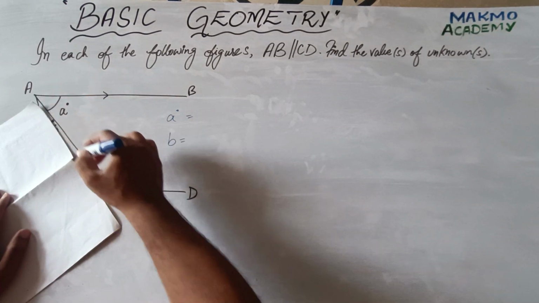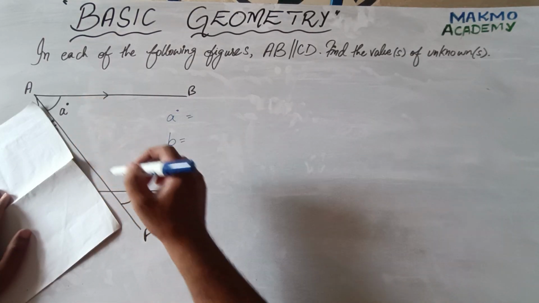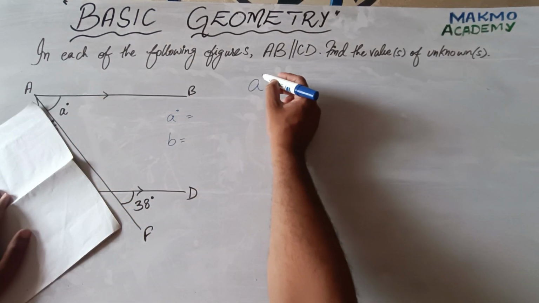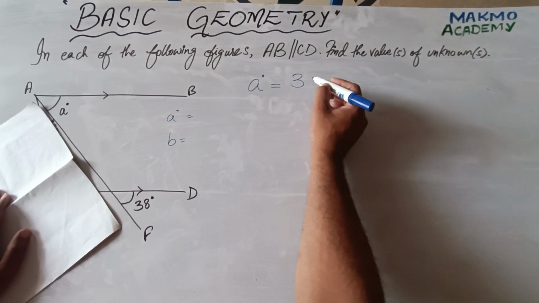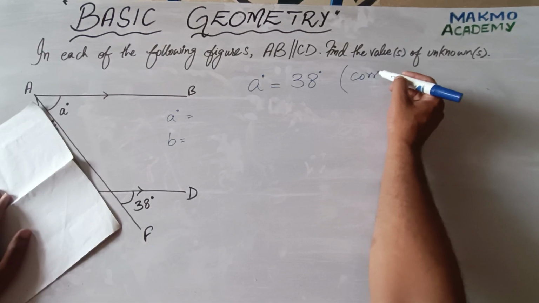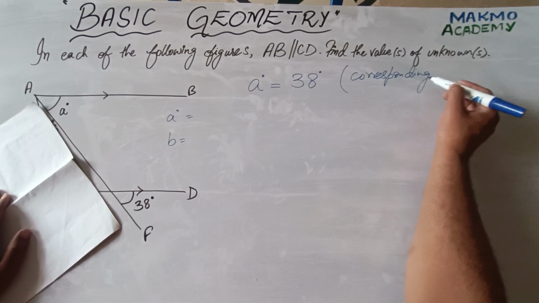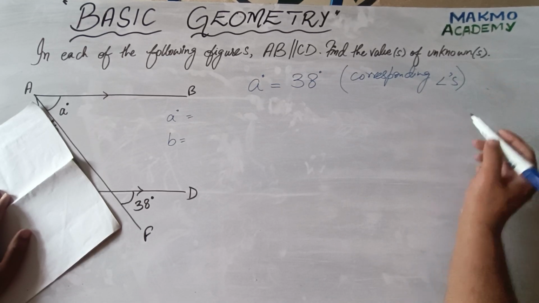Now you can see a very clear letter F, which shows that A and 38 are corresponding angles. Because they make the letter F, they are in correspondence with each other, and corresponding angles are equal.